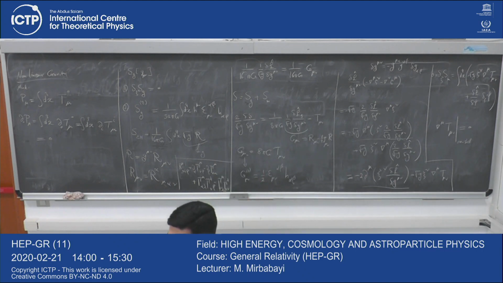How about when you have the action with R squared? Isn't that in some inflation model? Remember how to call it? The Starobinsky. Uh-huh. What are the consequences of having an R squared there?